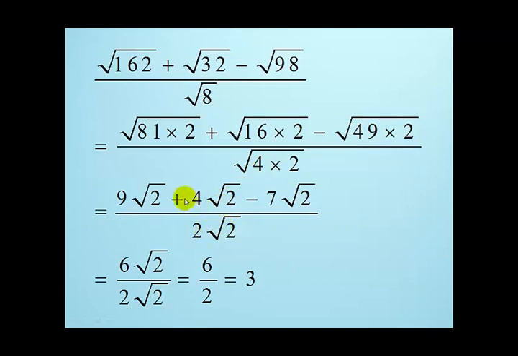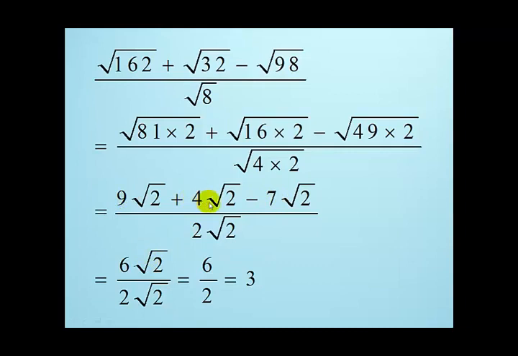Now, when we consider the numerator, we can see that they carry the same surd, root 2, root 2, root 2. That means that we can add and subtract the coefficients. So we have 9 plus 4 minus 7, root 2. And 9 plus 4 equals 13.